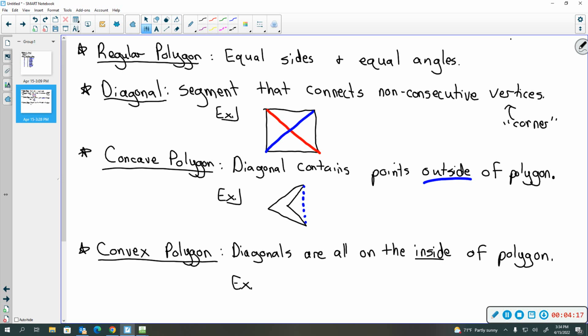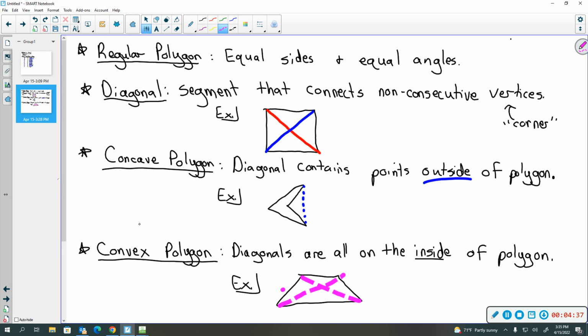As an example, something maybe like this trapezoid that I'm attempting to draw. If I drew the different diagonals, maybe from here to here, they're all on the inside, and from here to here is all on the inside. So that would be considered convex.